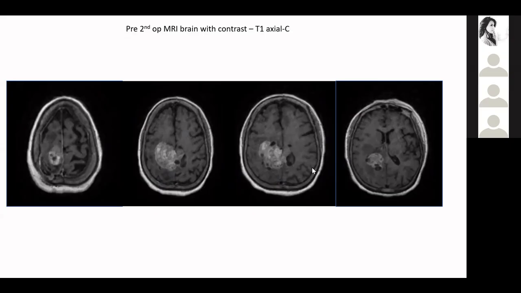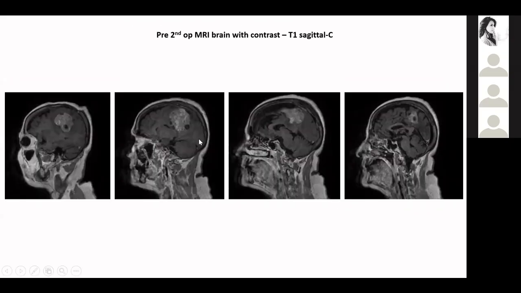It is reaching up to the occipital horn of right lateral ventricle, and there is some component on the left of midline as well. So it is showing significant interval increase. The same thing is seen on sagittal post-contrast T1 weighted images. So the lesion has significantly increased in size.